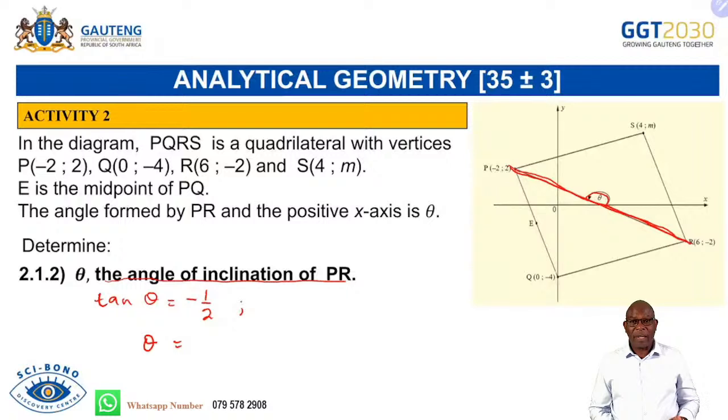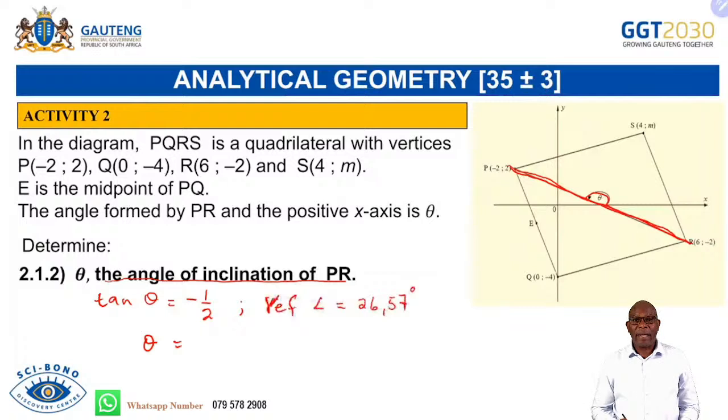You don't put negative 1 over 2. I'll explain why. I put 1 over 2. Now, once I put 1 over 2, the angle that I'm going to get is called a reference angle. So my reference angle, if I put 1 over 2, will be 26.57.